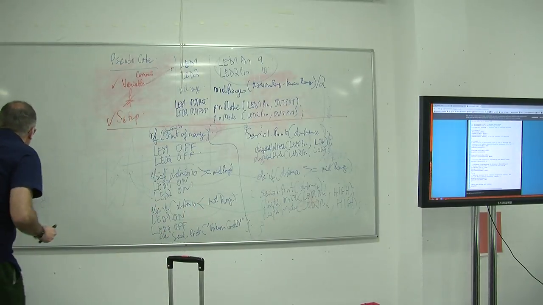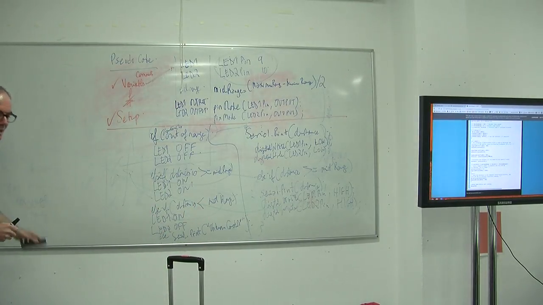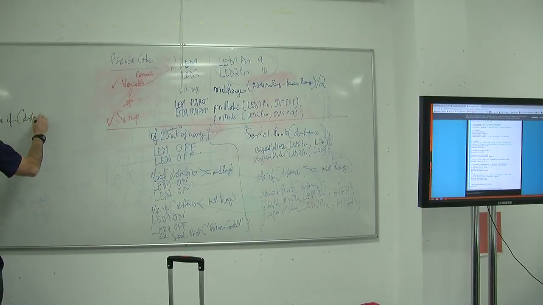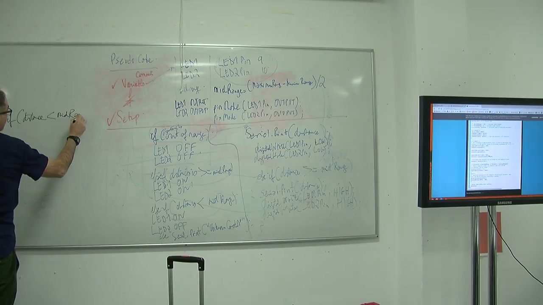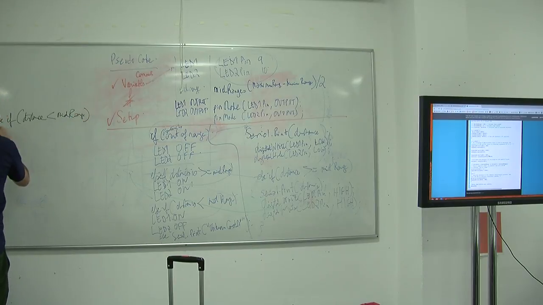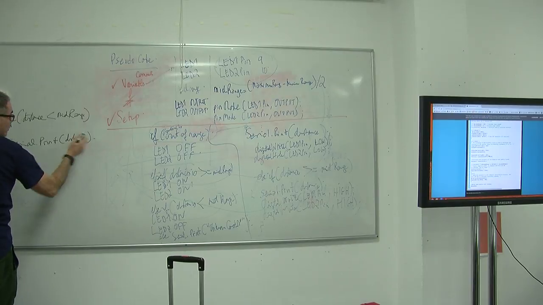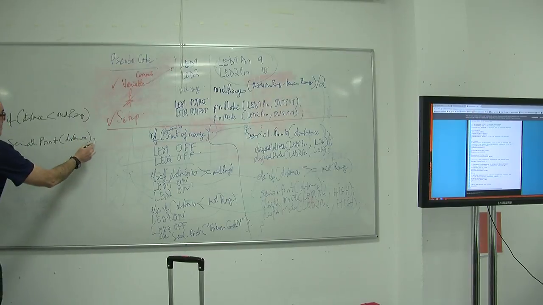So the last one, we have else if, and we have distance is less than mid-range, and then you open the bracket, and we have serial print distance, so we display the distance.